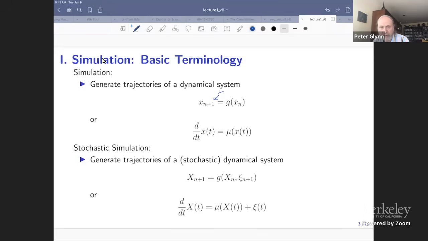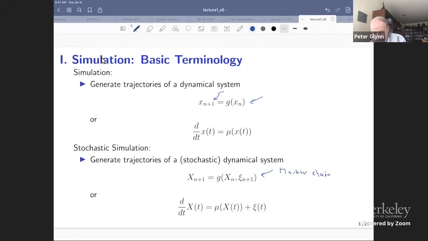In the world of stochastics, many of the simulations that one does are simulations of corresponding stochastic dynamical systems, in which the deterministic recursion I described at the top of this slide is replaced by a stochastic recursion, in which X_{n+1}, the state at time n+1, is some function of the state at time n and some new independent noise that I'll describe as C_{n+1}. Of course, we all know that this sort of stochastic dynamical system corresponds to a Markov chain. And if the C_n are IID, then I get a Markov chain with stationary transition probabilities.